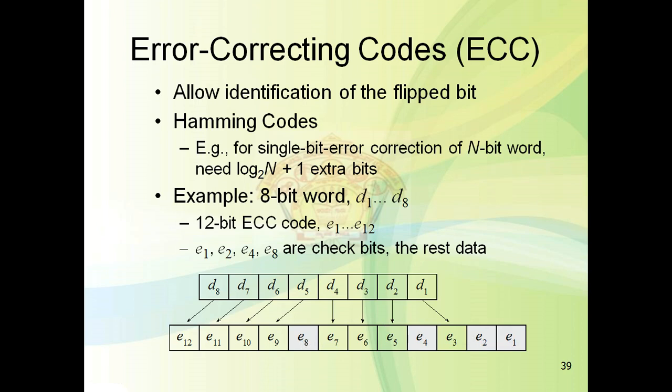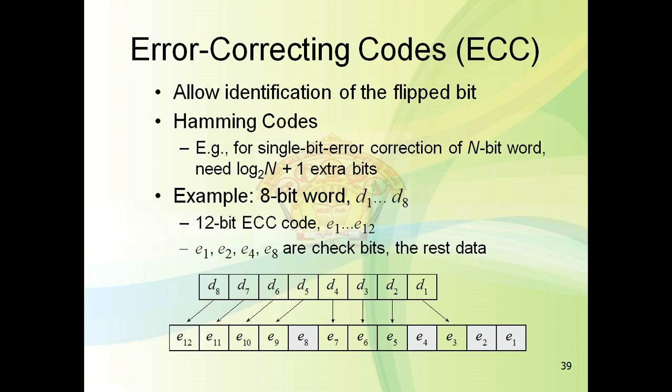Now we have 4 check bits. Then how do we calculate them and where do we place them? See, 2 raised to 0, 2 raised to 1, 2 raised to 2, 2 raised to 3 and so on.